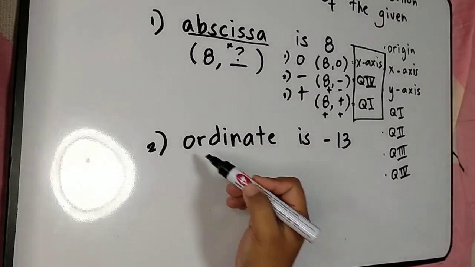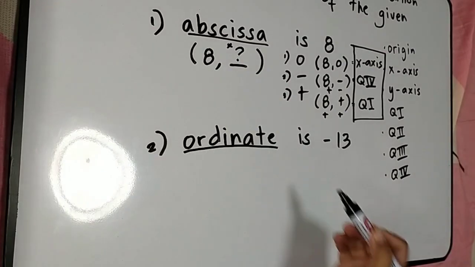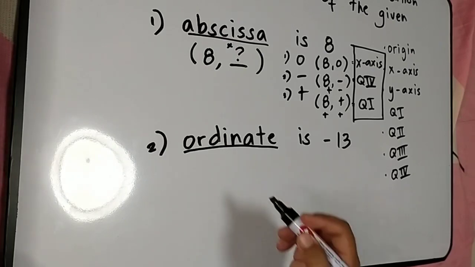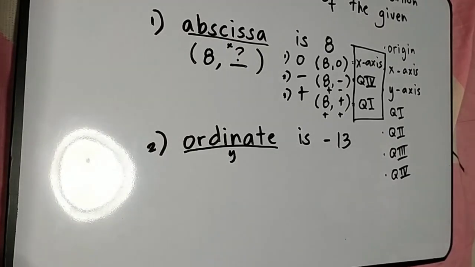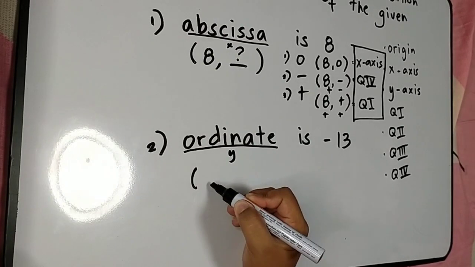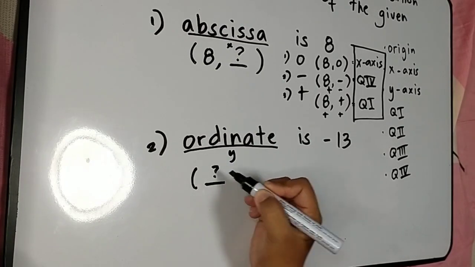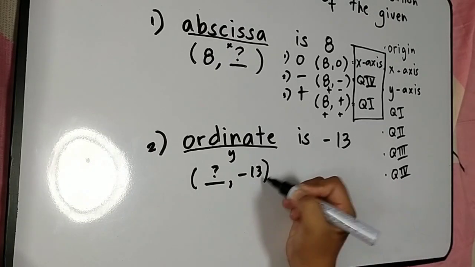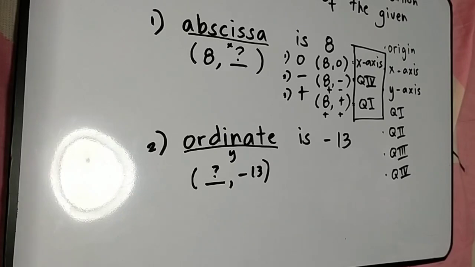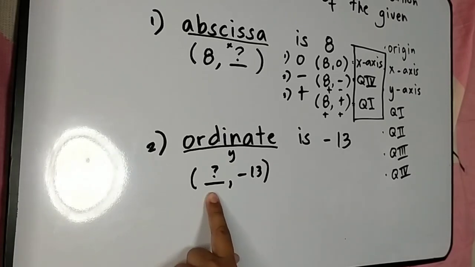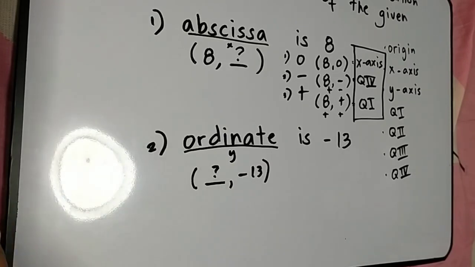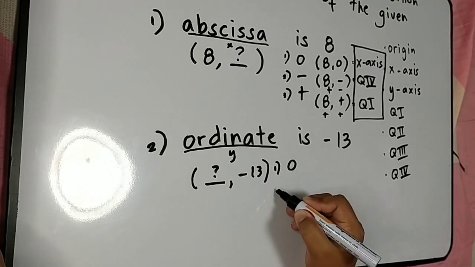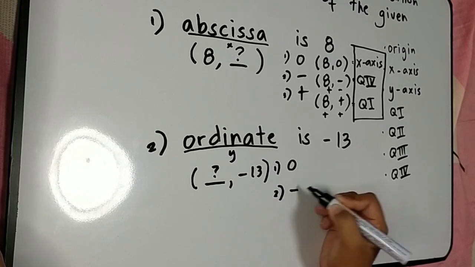Then, second example, so, ordinate is negative 13. This time, ano ba yung ordinate? Ordinate, ito din yung term naman para kay y-axis. So, this time, ang may value ay si y coordinate. So, si x, wala pang value. Si y meron na, negative 13. Again, anong unang gagawin? Lista natin kung ano yung mga possible values ni x. So, una, again, pwede siyang maging 0. Pangalawa, pwedeng negative siya.